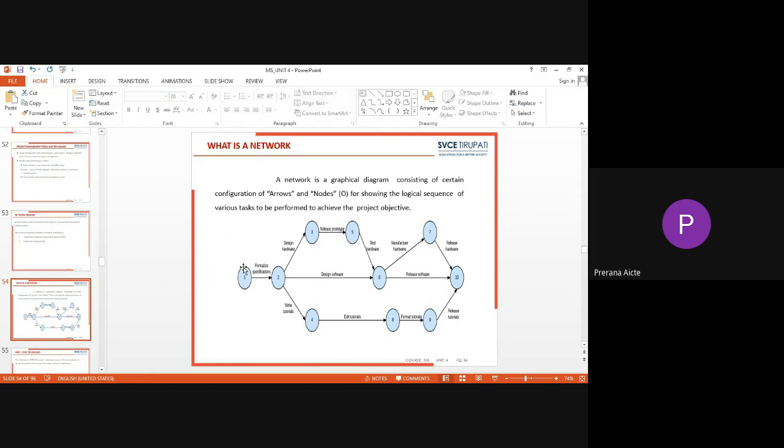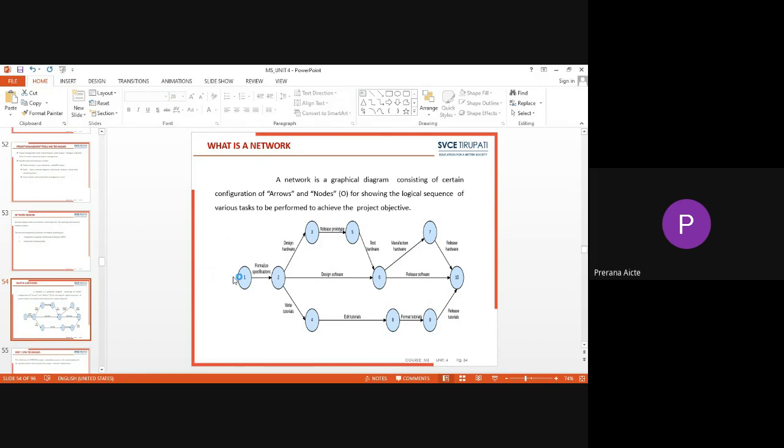Here, the first node represents the starting point of the whole project. Node 1 simply represents the event which is the starting of the complete project.